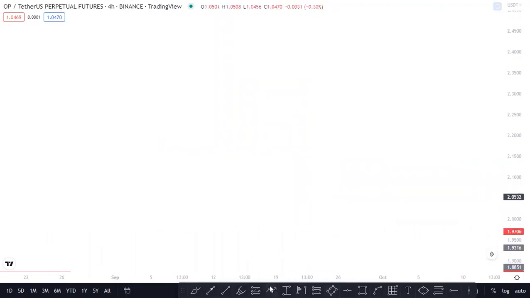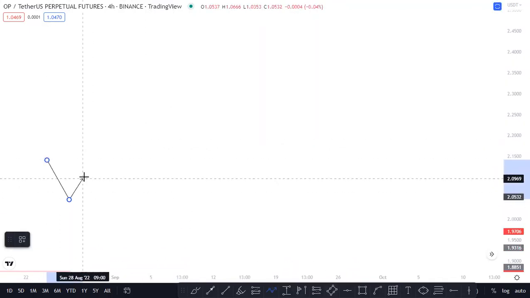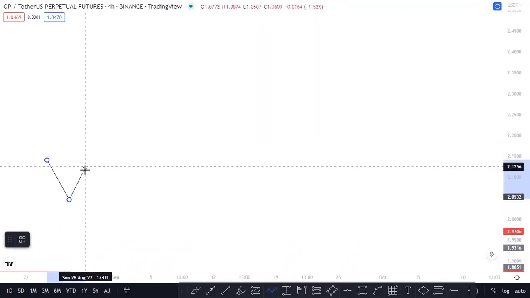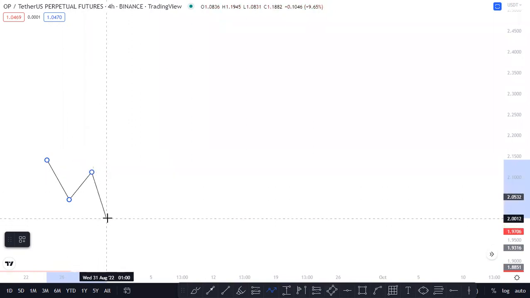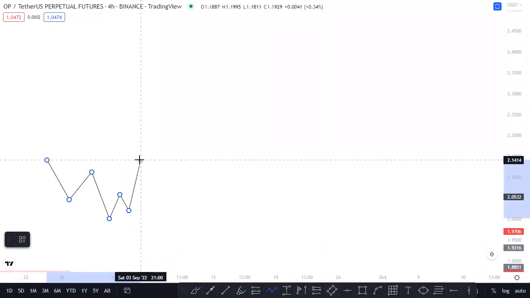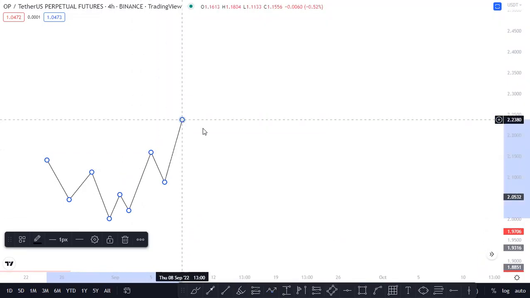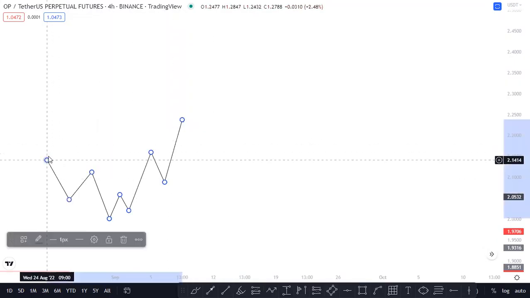Now you may see formations like this. This is actually a downtrend, and before we reverse, you see price doing something like this, clearing everything here, coming back before moving to the upside.